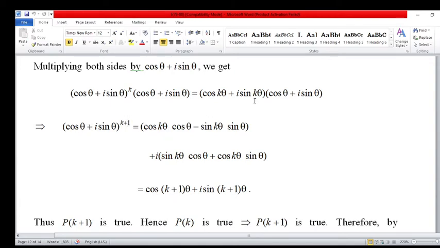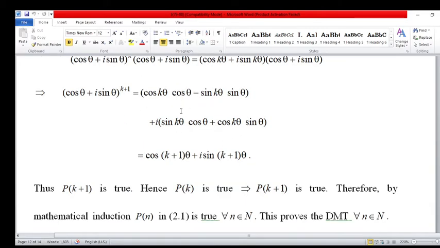On the right, multiplying out, we get cos k theta cos theta minus sin k theta sin theta, and taking i common, i times (sin k theta cos theta plus cos k theta sin theta).